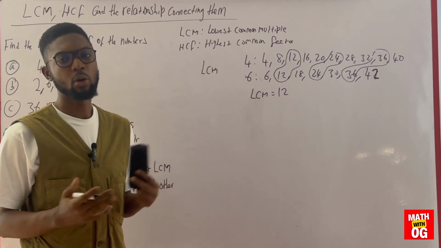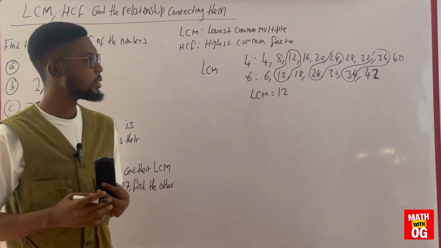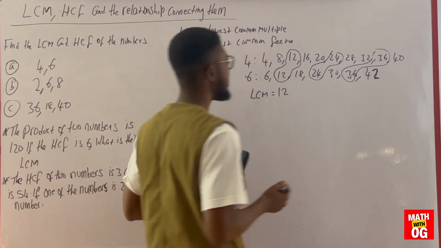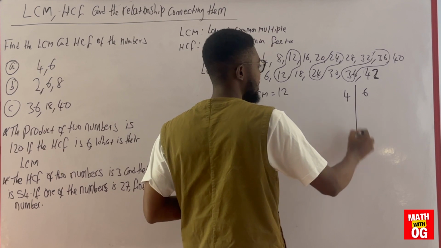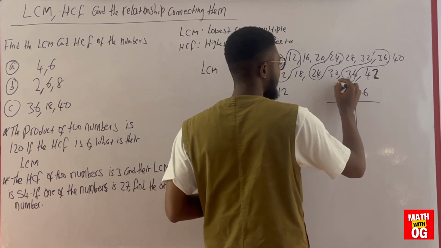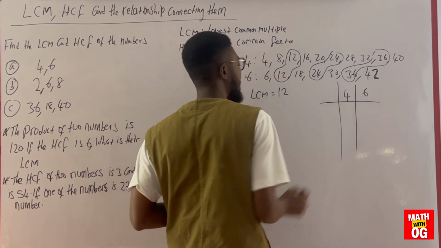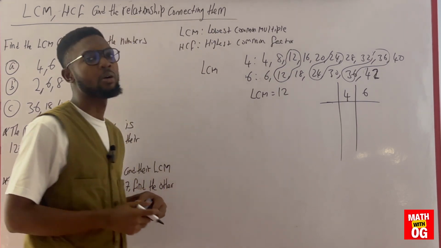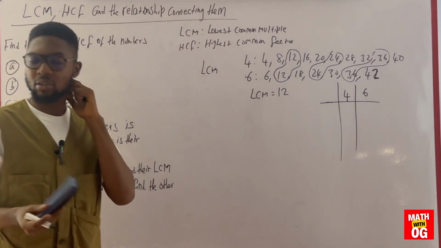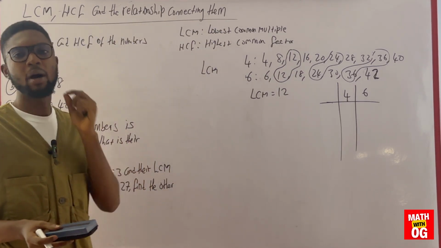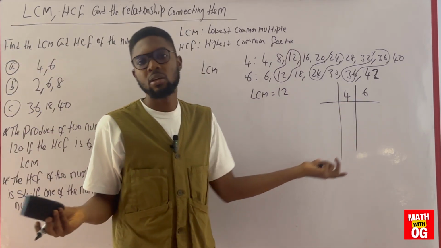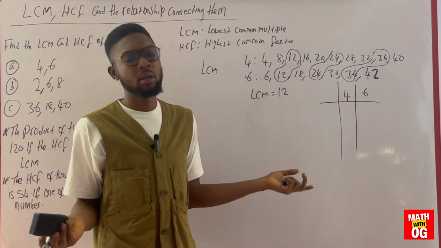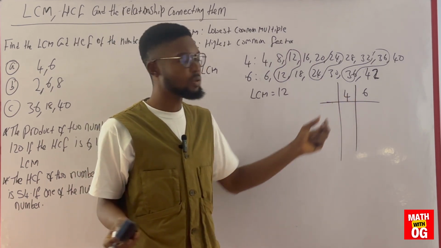That means both numbers will become 1 and 1. So what do I mean? LCM of 4 and 6. I bring 4 and I bring 6. Then I start dividing. Divide by any number that can go into either of them, and you are good to go.